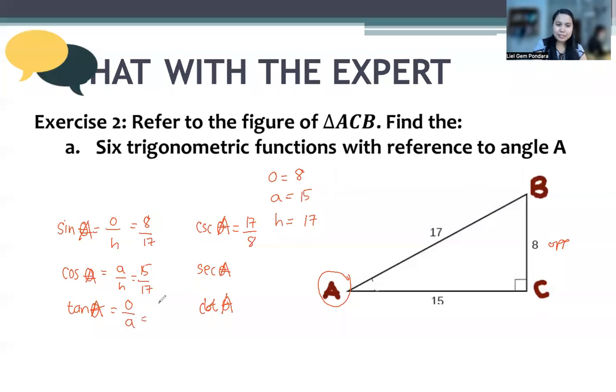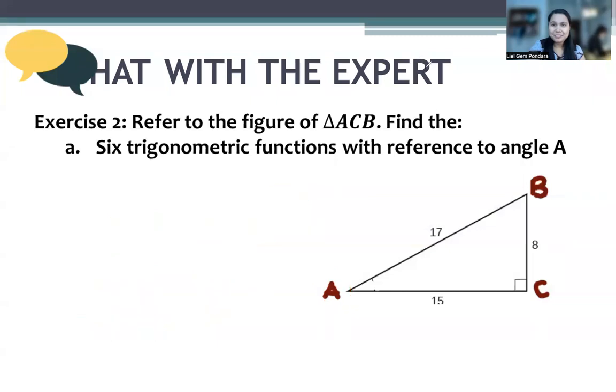Very good. That's 8 over 15. So the secant A is 17 over 15. Cotangent A is 15 over 8. Very good. So I think most of you will get perfect scores in our quiz today.